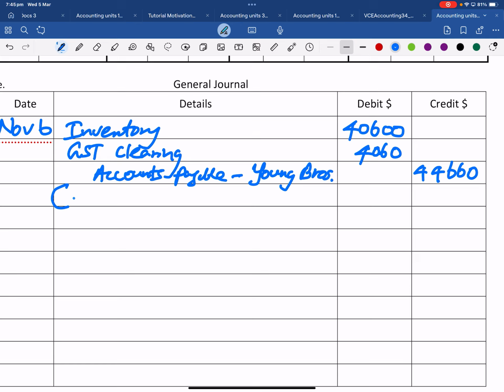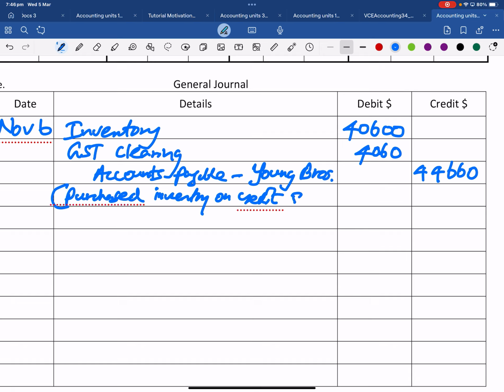Satim, you want to try? Inventory growth. Yes. Purchase inventory on credit. Yep. Anything else we are missing?